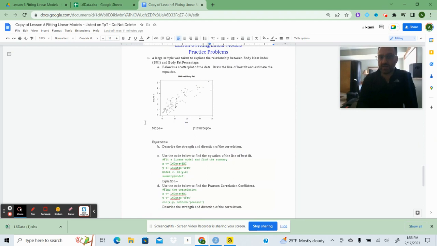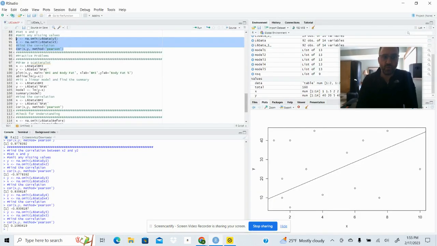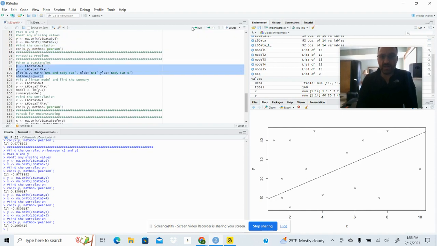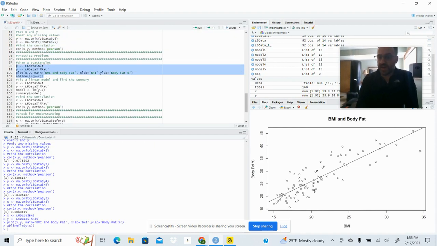If I wanted to draw a scatter plot for the body mass index and the body fat percentage, and then try to fit a line of best fit, see what your slope is, what the equation might be, you could do that by hand or just run that. So here is a scatter plot of this.